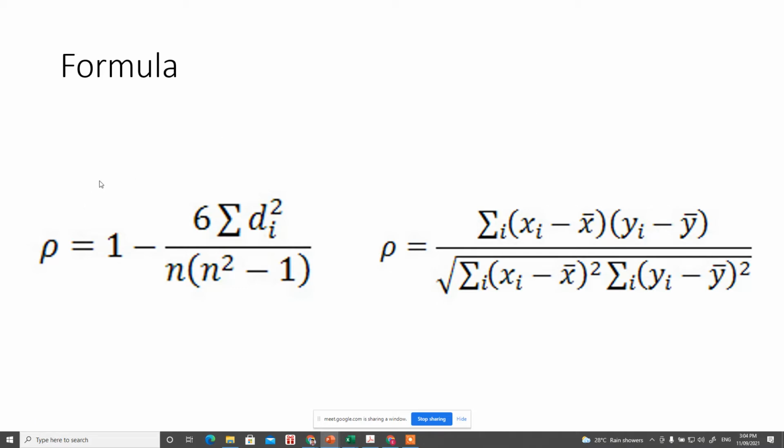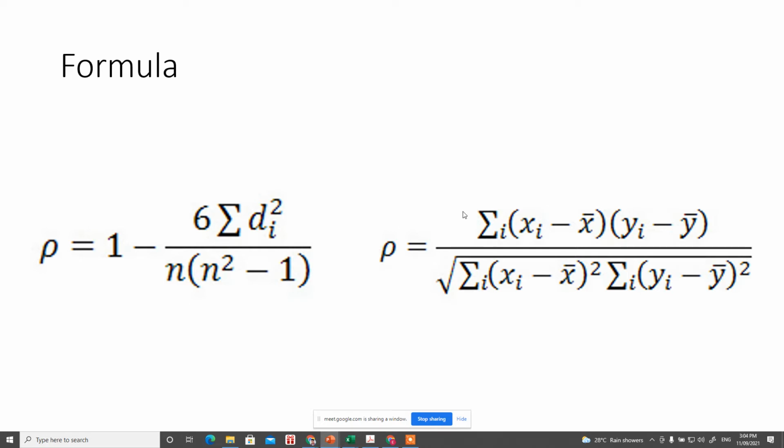This is the formula if there are no tied ranks. So if there are no ties, this would be the formula. The D here stands for the difference in the pairs' ranks. The N here implies the number of cases.